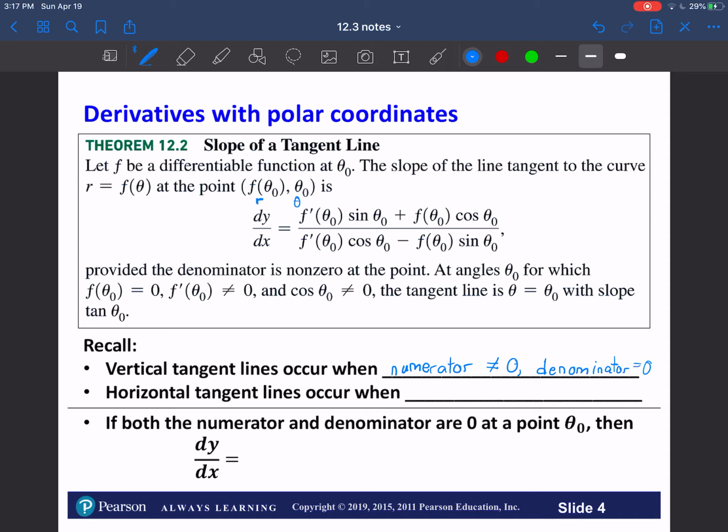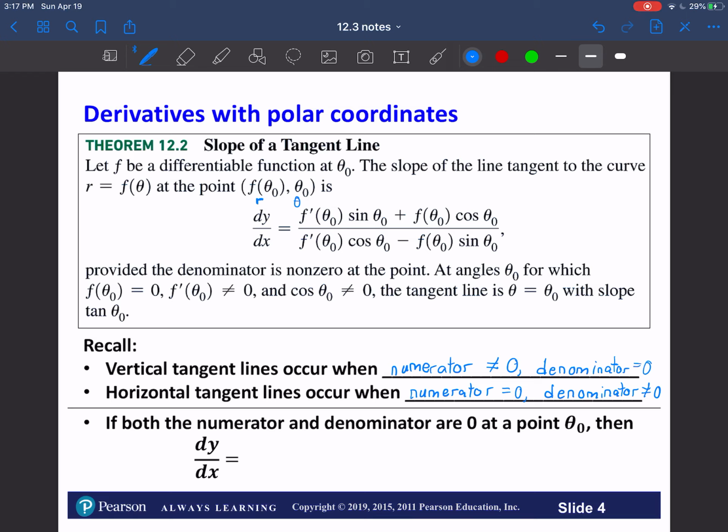And conversely, a horizontal tangent line occurs when the numerator is equal to 0, and the denominator is not equal to 0.